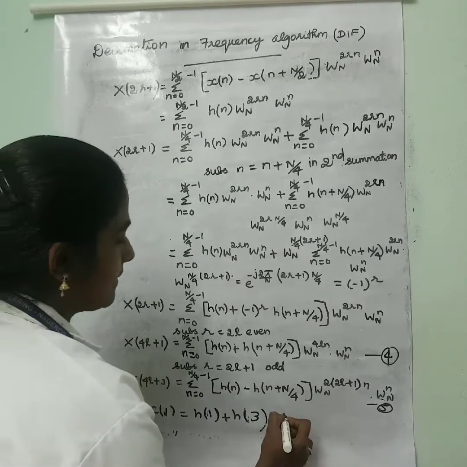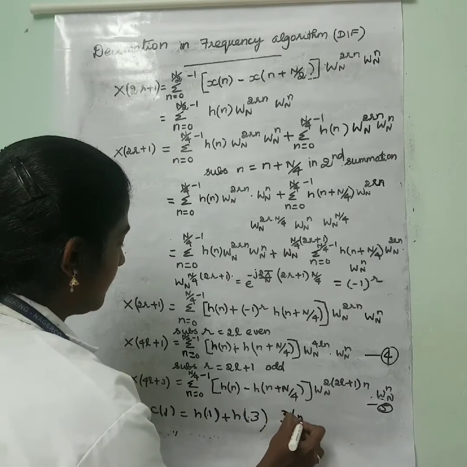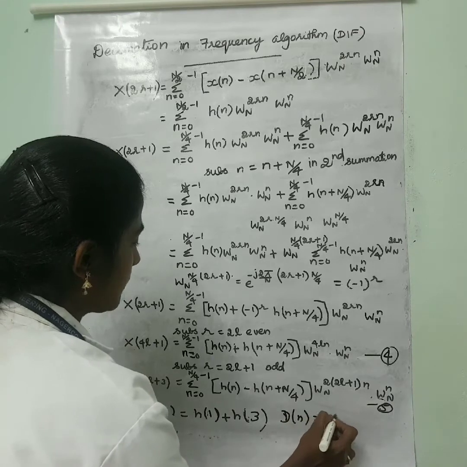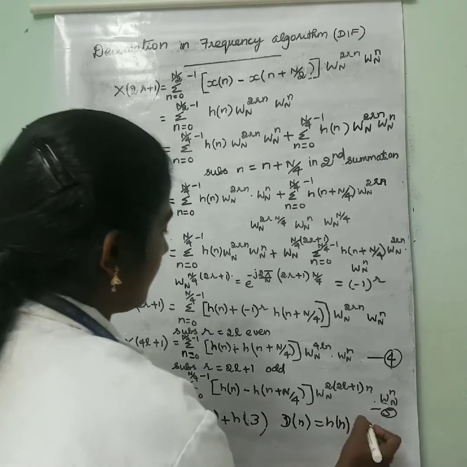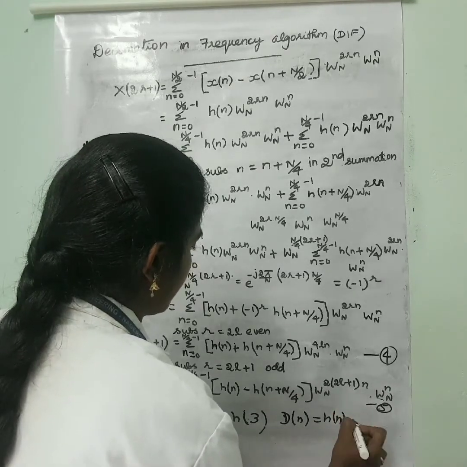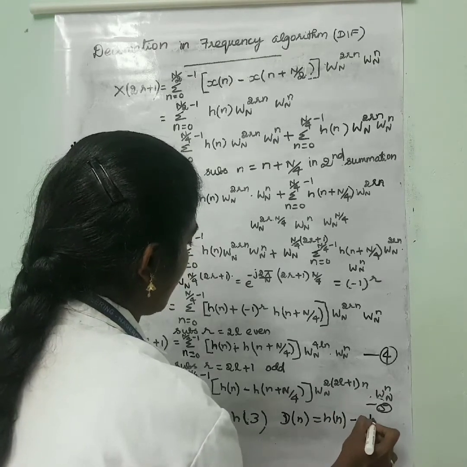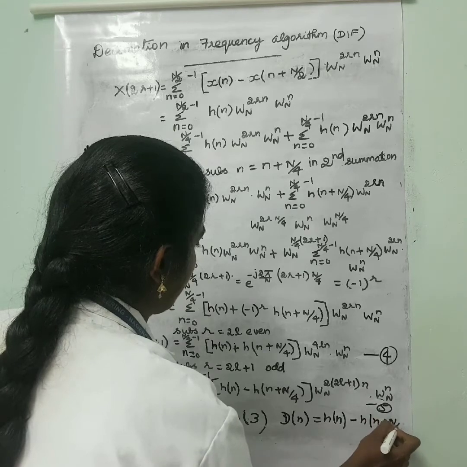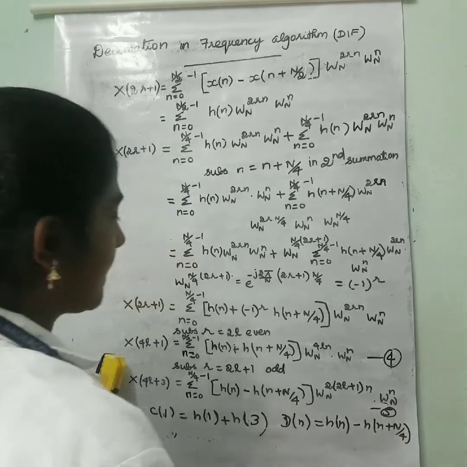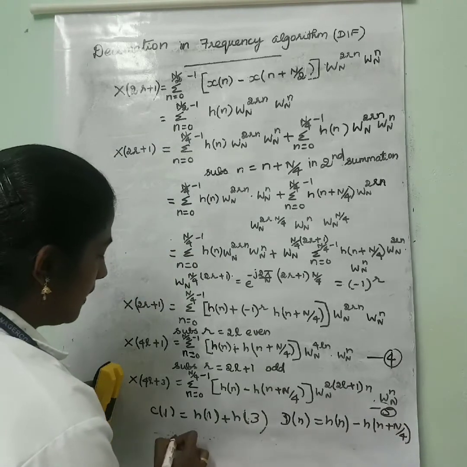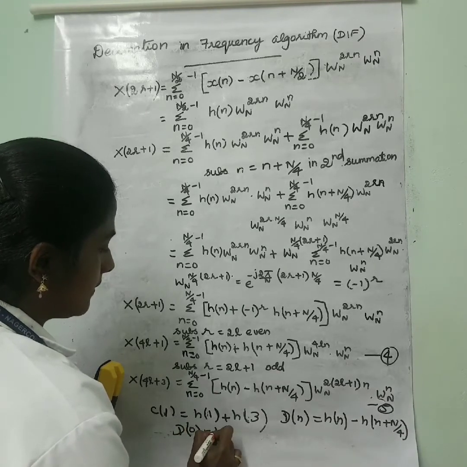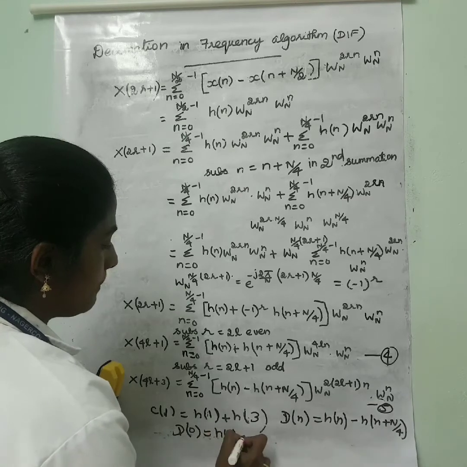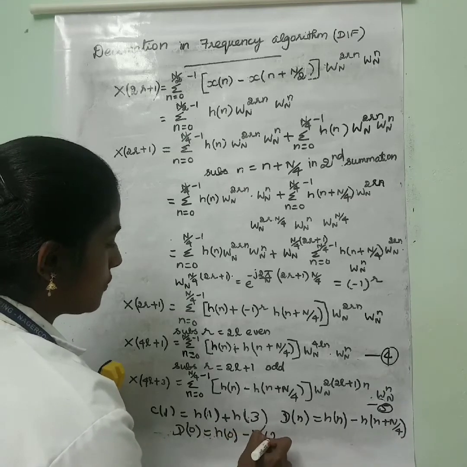Similarly, from the fifth equation we write this term as d of n, which is equal to h of n minus h of n plus N by 4. Here also when n is equal to 0, d of 0 is equal to h of 0 minus h of 2.